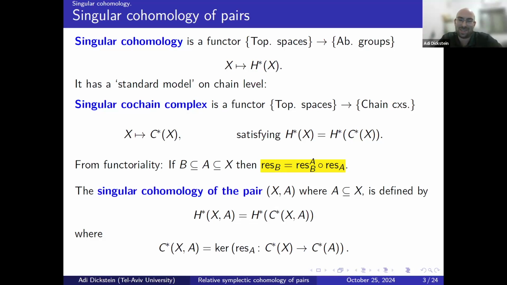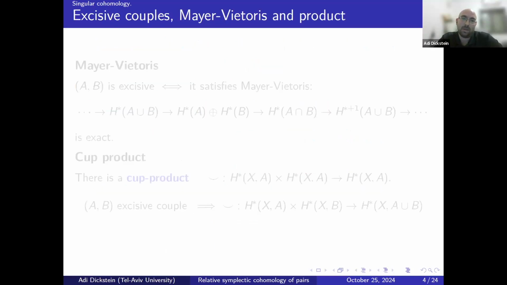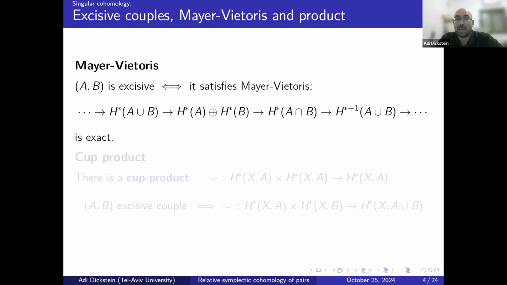This is the relative cohomology of a pair. Now, singular cohomology satisfies Mayer-Vietoris in the case of excisive couples. A couple is excisive if it satisfies some algebraic condition related to the chain complex. And also we have the cup product on singular cohomology.